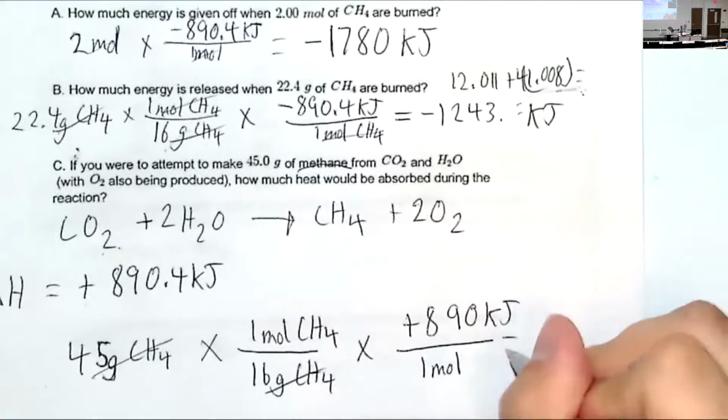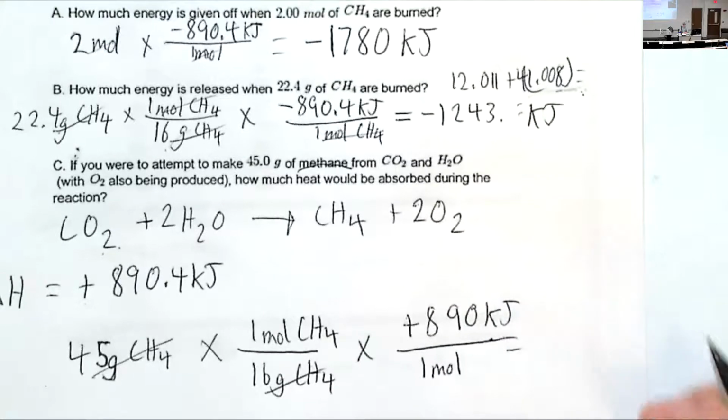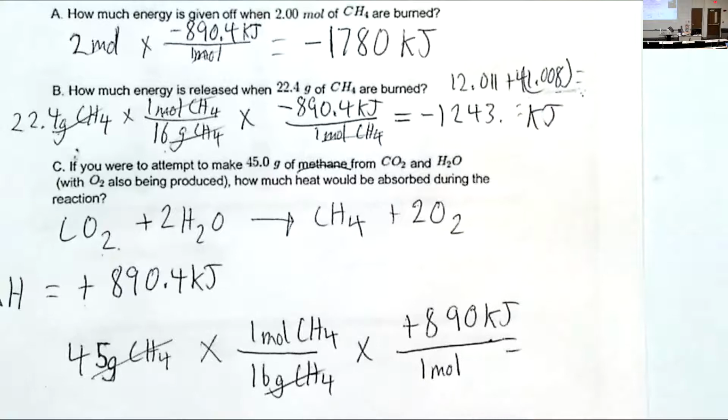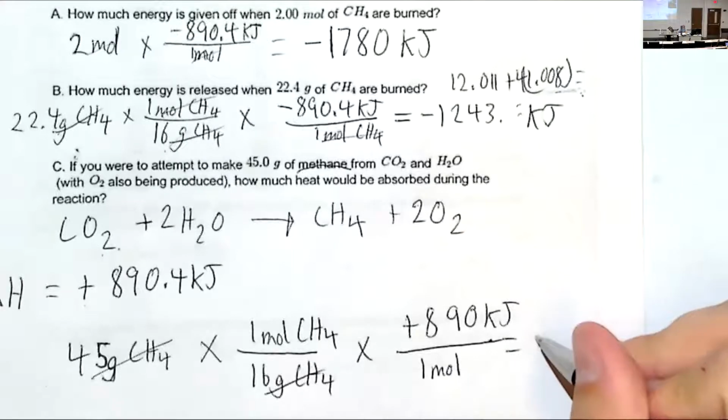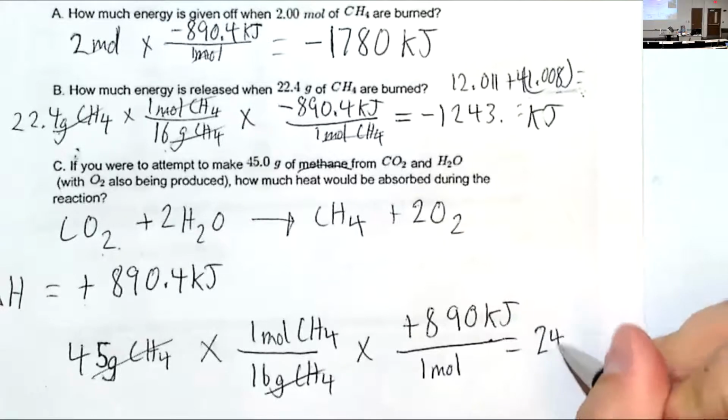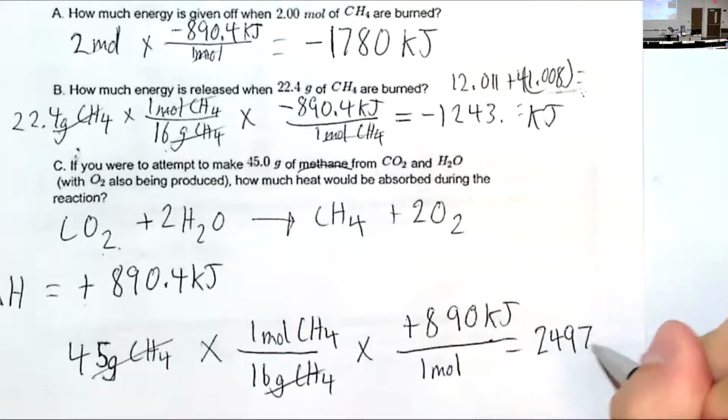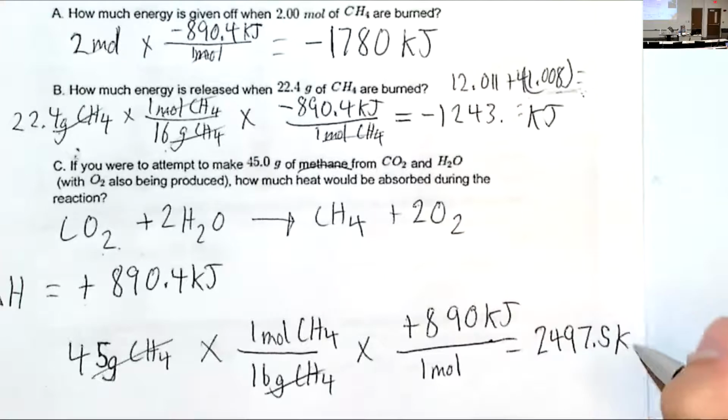Boom. Which gives us our answer. I'll put your answer on there because it's the more specific one, just because mine's rounded, but you were correct. There you go, kilojoules.